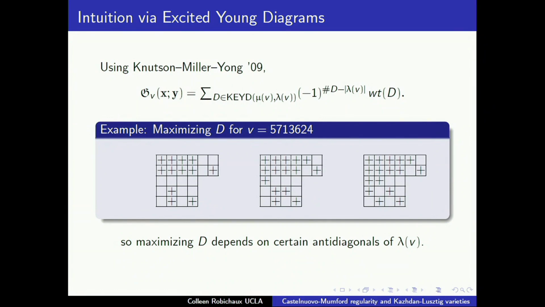But using this pair, mu lambda, we can write down all of the K-excited Young diagrams associated to that pair. And again, by recording the number of pluses in each row, just like we were doing with our pipe dreams, we can again read off a polynomial, which will again give us this vexillary Grothendieck.